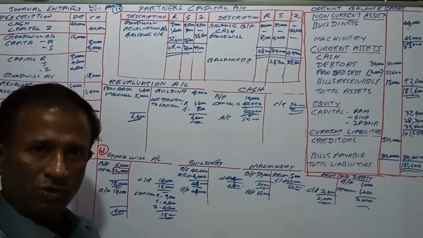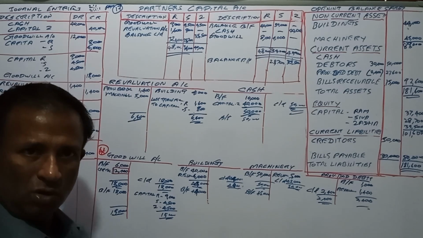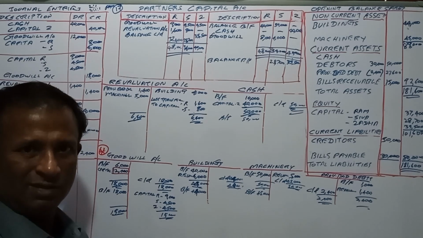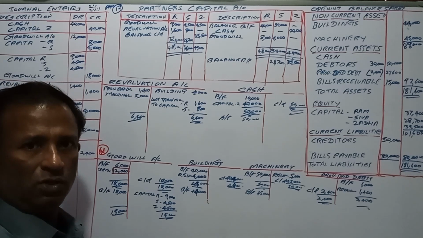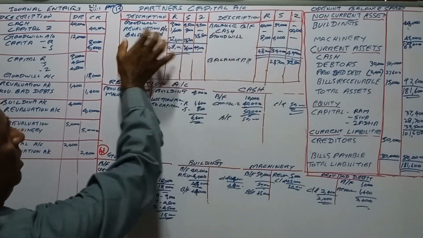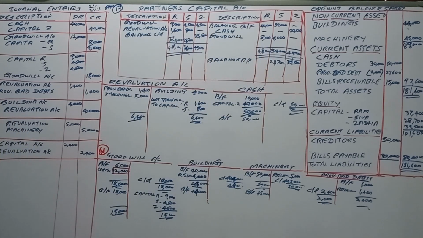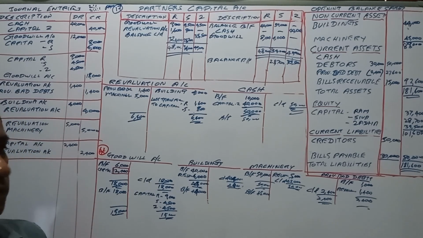If they are writing off immediately, all the partners, including the new partner, have to bear it according to the new profit sharing ratio. That is what happened here, right? This is the goodwill amount only you have to take.